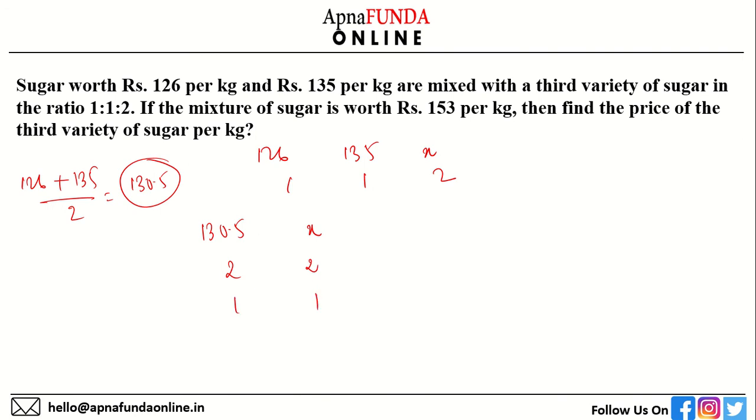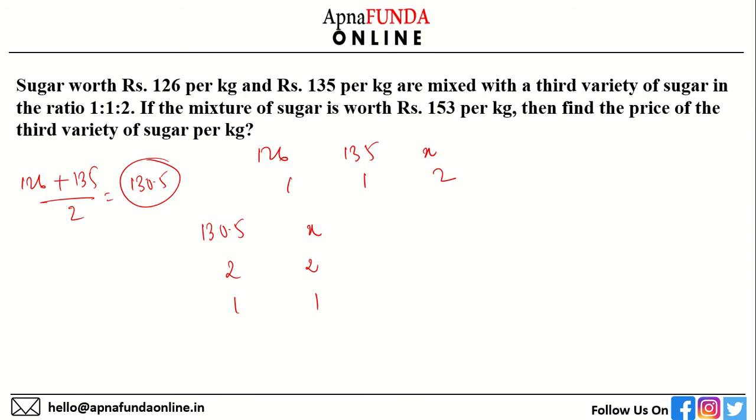I hope you agree. If you're not able to follow, please listen to me again. What I'm saying is there are three varieties of sugar: 126 rupees a kg, 135 rupees a kg, and we have assumed X rupees a kg. The ratio in which they are mixed is 1 is to 1 is to 2. The way to solve it is to bring it down to a lesser number of mixtures.